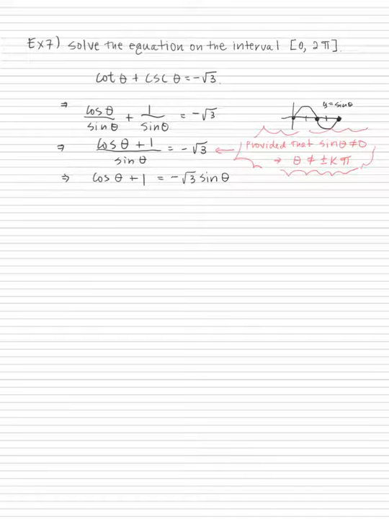Alright, now it looks like we're pretty much stuck right here because I cannot do anything up to this point. But how about this? Let's square both sides. That way we're going to have cosine squared and then maybe also the sine squared, and maybe we can play with that equation. So let me just square this.